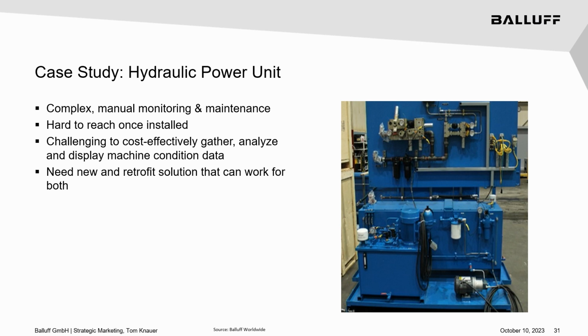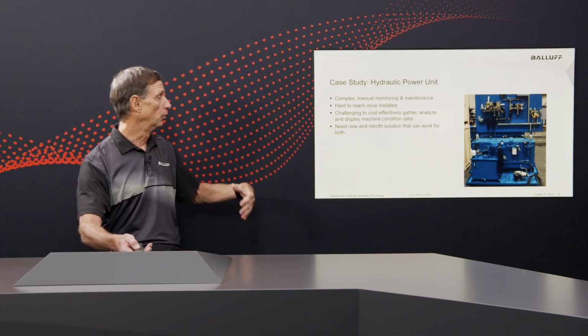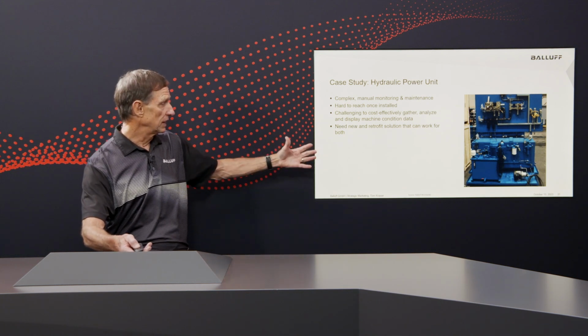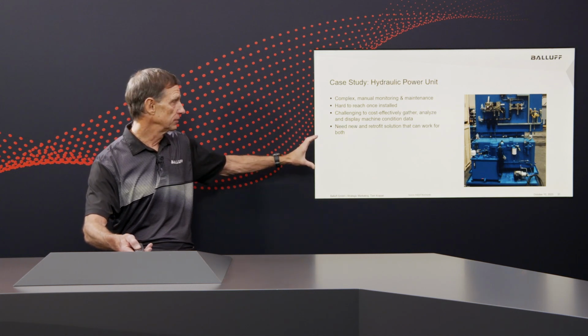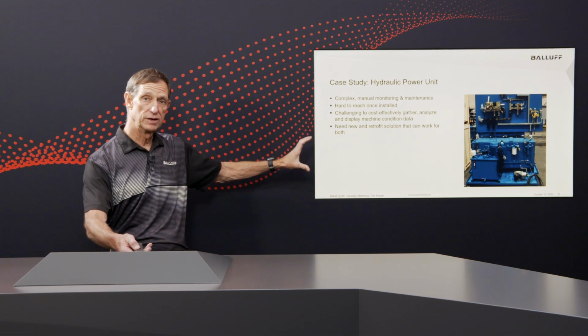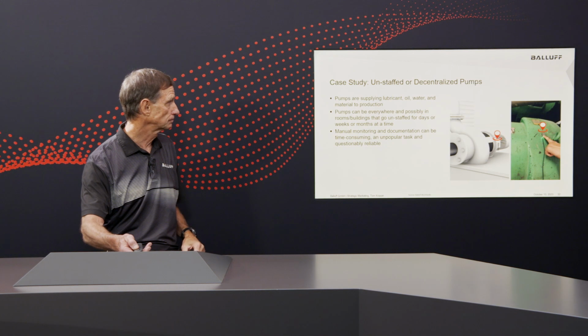They're able to gather all that data, take it through a condition monitoring system, and be able to do a variety of different analyses. For example, detect when a filter is dirty, detect when the motor has a bad bearing or is starting to go bad. And so they're able to now use condition monitoring to address the failure points of this hydraulic power unit and, again, prevent catastrophic failures and downtimes.